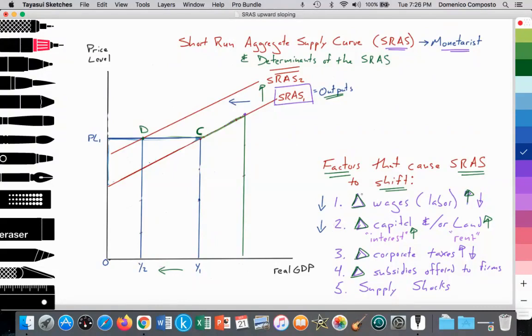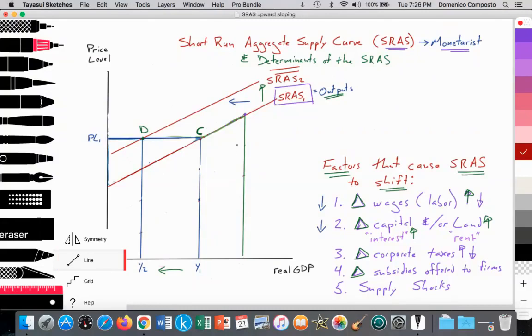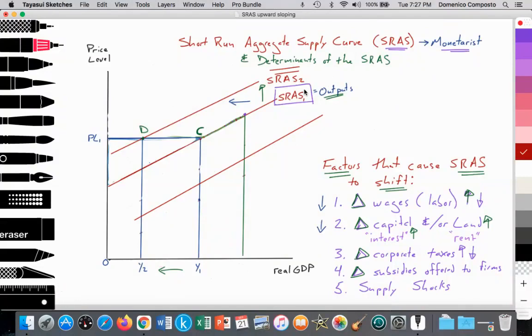It's cheaper for firms to employ these resources, and as a result, we would expect the aggregate supply curve to shift outward. So as those prices fall, we would see something like this, the SRAS curve shifting downward, which is the same as saying it's shifting outward, from SRAS1, if that is our starting point, to SRAS3 in this case.